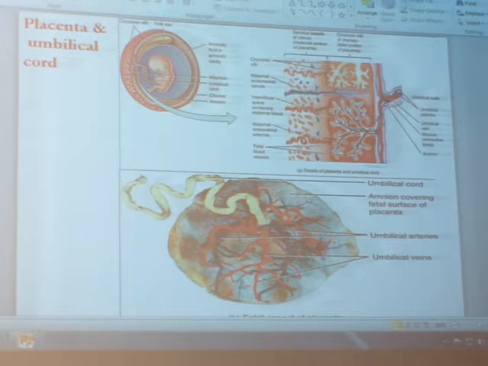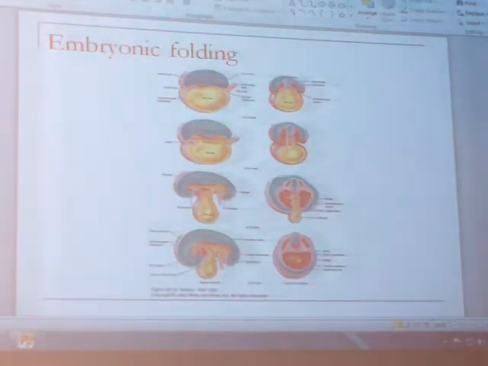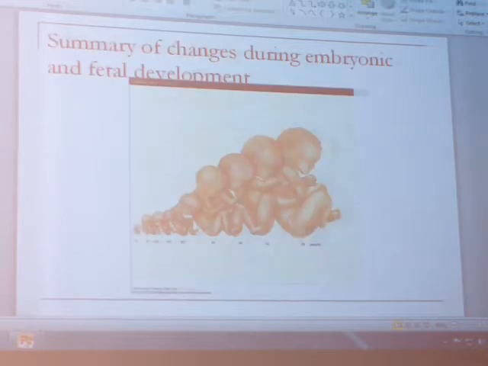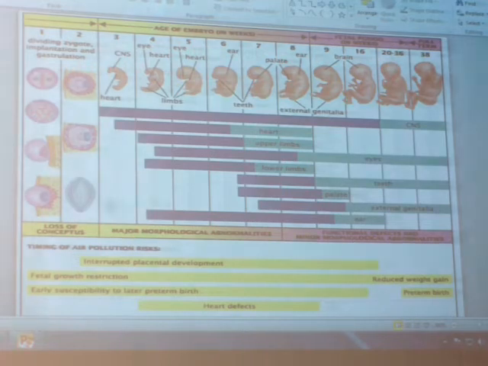So during the first trimester is where the organs are being developed. And then the second trimester is just growth. So look at this one right here. See? The first trimester, if you have problems, the heart and the nervous system are affected.